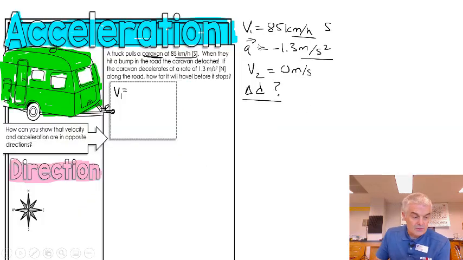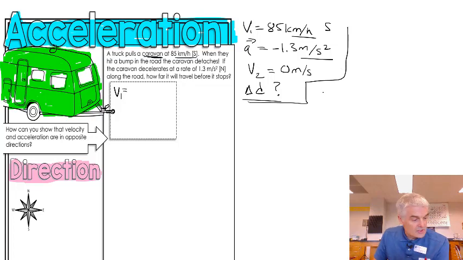So let's use that equation. The equation I'm going to use is V2 squared is equal to V1 squared plus 2a delta d. And I'm trying to solve for delta d.